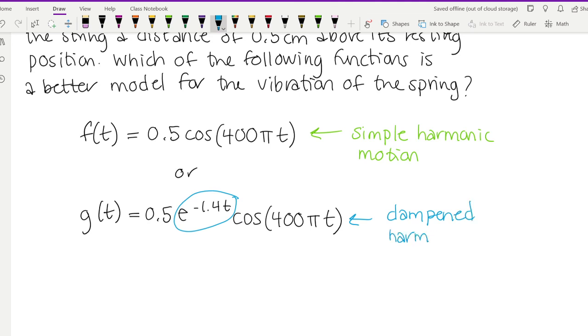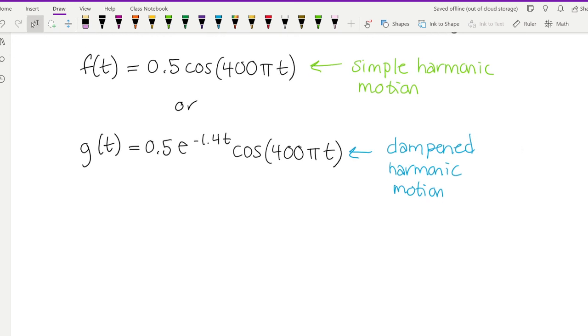This would be a situation where instead of the string vibrating the same amount forever, as time goes on, the string is going to vibrate less and less. The sound is going to die out. So which one of these sounds more realistic for what would happen in the real world?